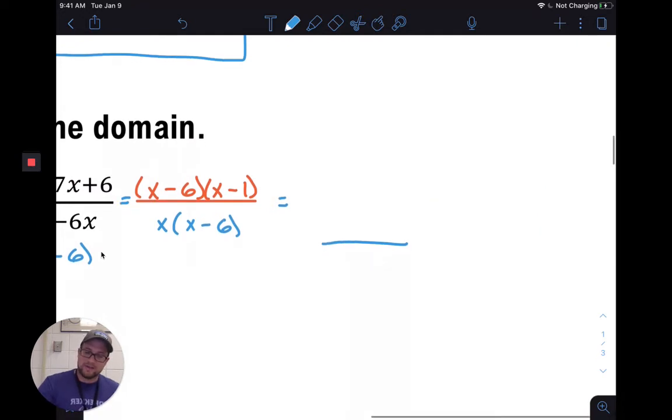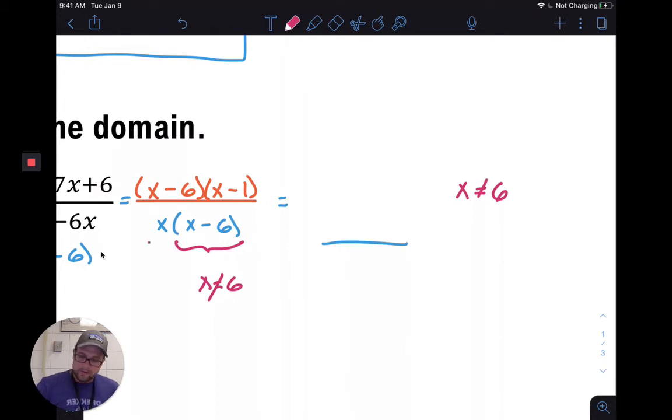Looking at this, the number that would make that term equal to 0 would be if x was equal to 6. So I'm going to restrict my domain and say x cannot be equal to 6. The only way this term is equal to 0 is if x equals 0. So I'm going to restrict my domain and say x cannot be equal to 0.